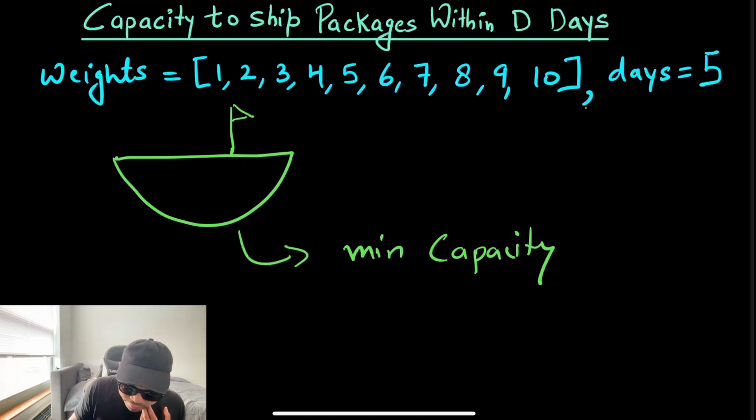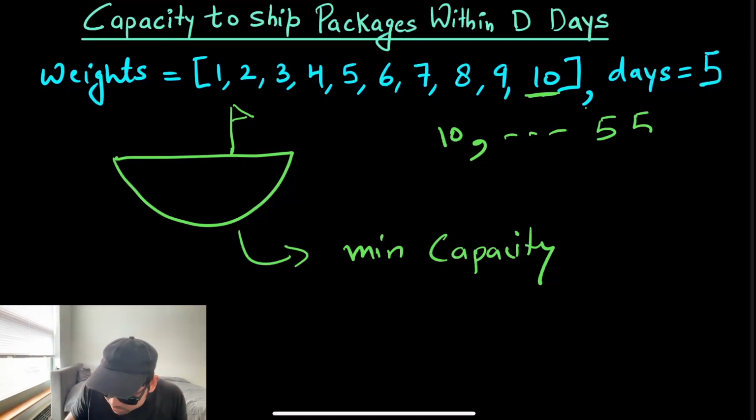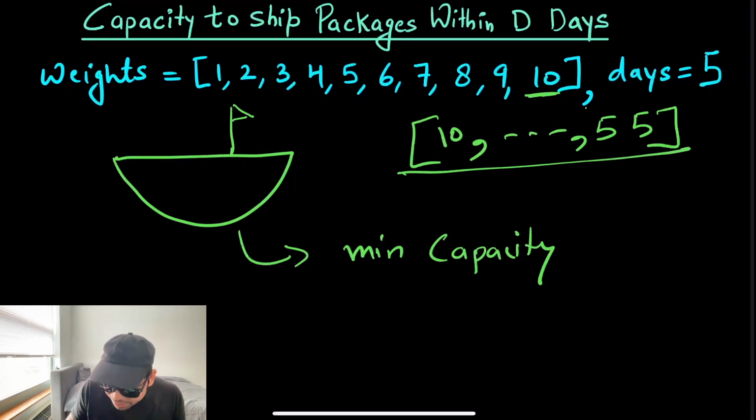So the maximum from here is 10. If I'm choosing 10, that means I can at least take one package, or I could take all the packages if this is my range. Okay, so this is the range of the capacity that I should be choosing.